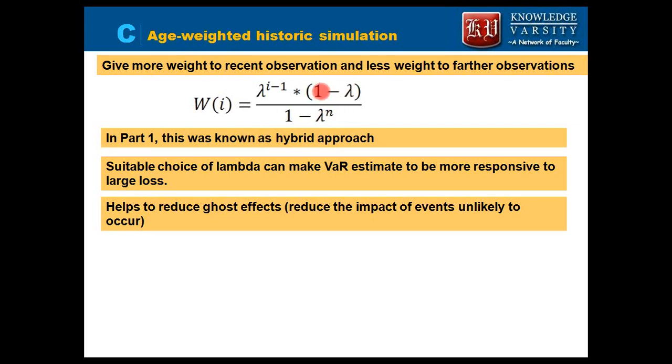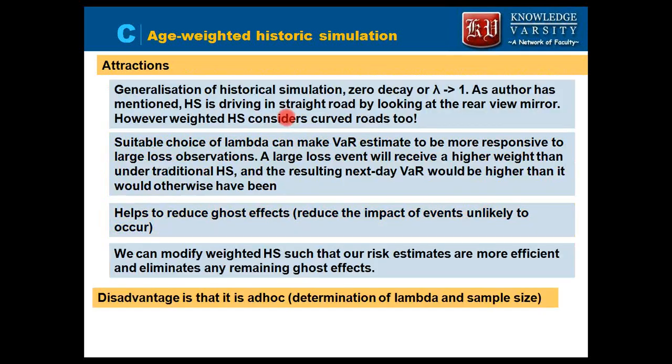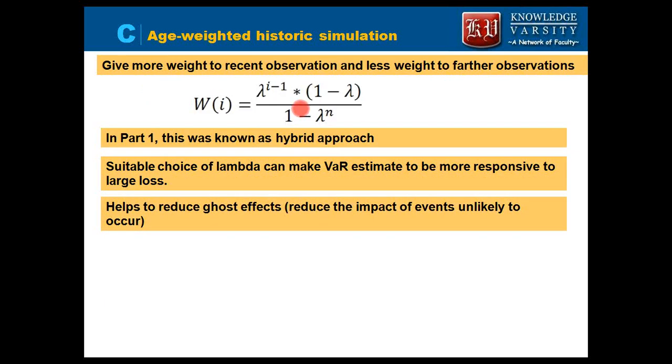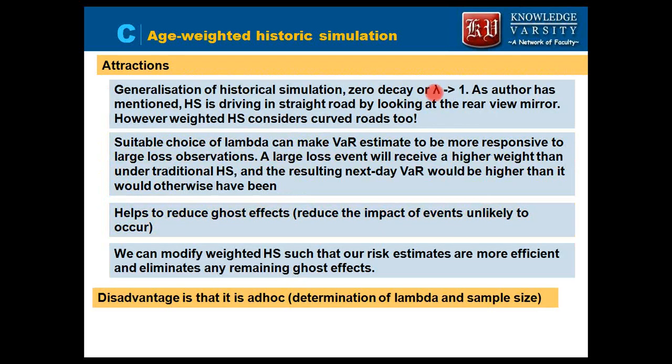If lambda shifts to 1, it takes the historical simulation approach. So if the lambda is 1, that is a 0 decay. This is your decay factor, 1 minus lambda.